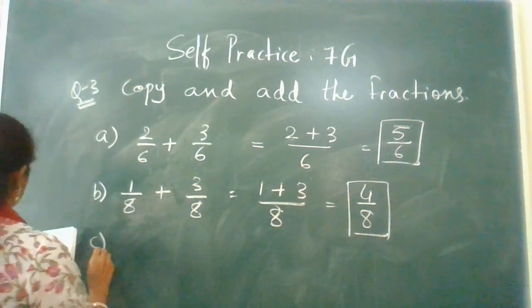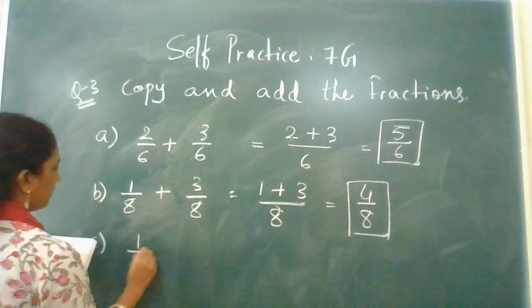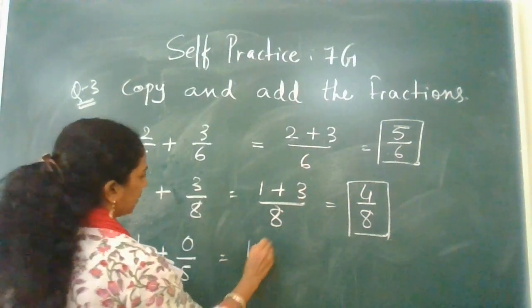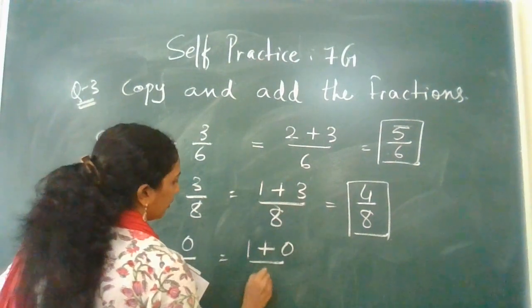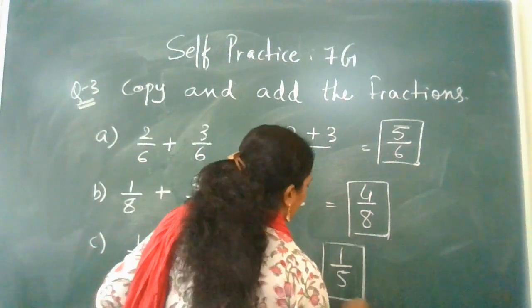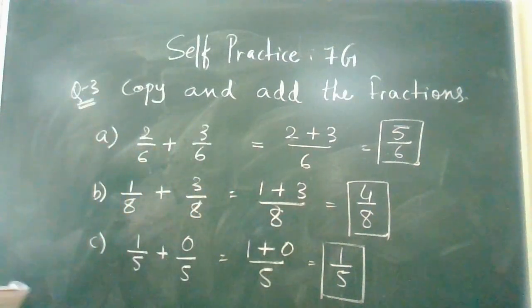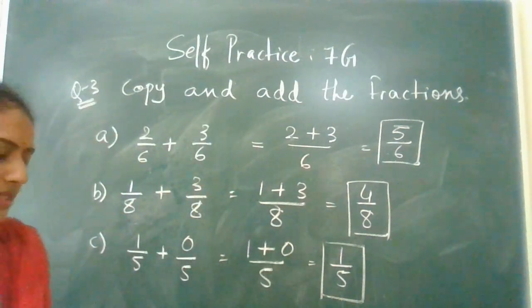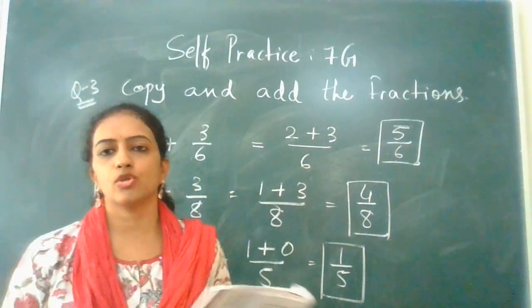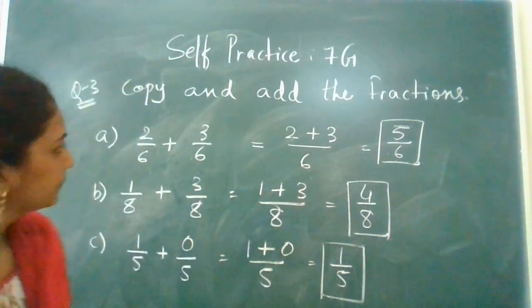Okay, now C is 1 upon 5 plus 0 upon 5. So it is 1 plus 0 upon 5. So that is 1 upon 5. Okay, so this is your question 3, A, B, C. Now let's do 2 more questions and then the rest of the questions by your own.